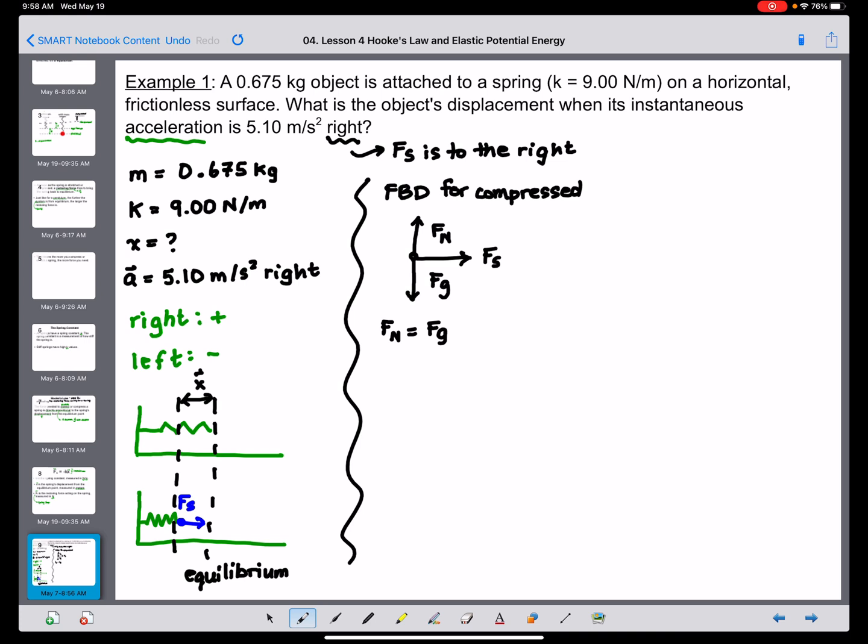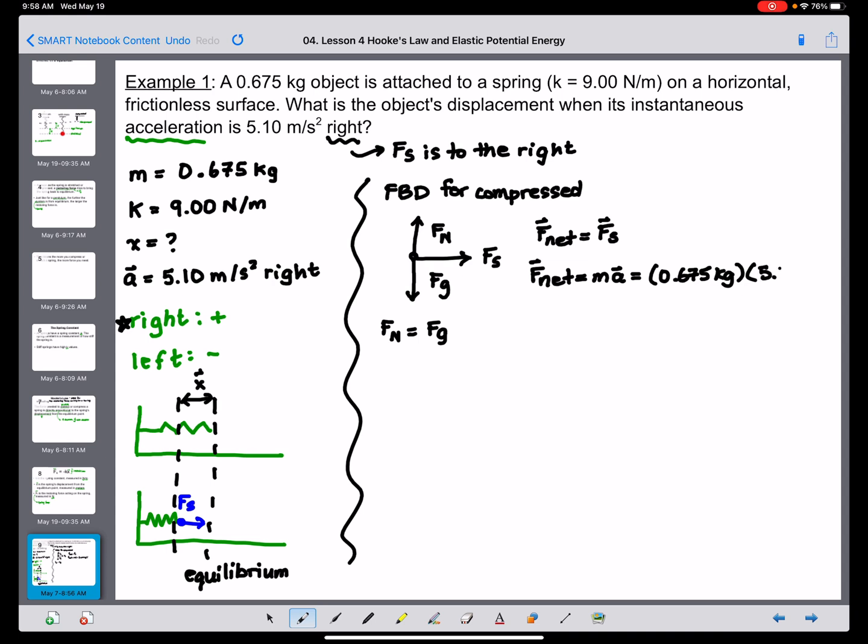Now, because normal and gravity are balanced and they're canceling each other out, the net force here is just equal to the spring force. So we can calculate F net by doing mass times acceleration. So let's do that. So the mass is 0.675 kilograms, and the acceleration is 5.1 to the right, but right is what I'm calling positive.